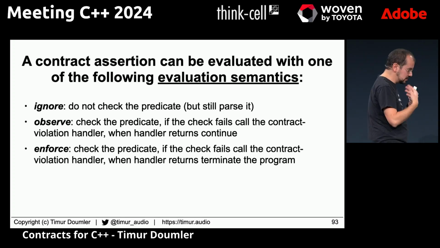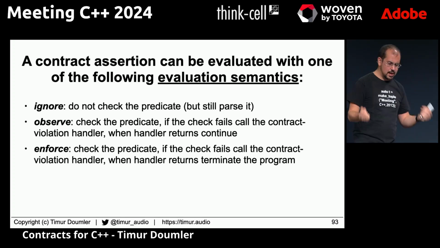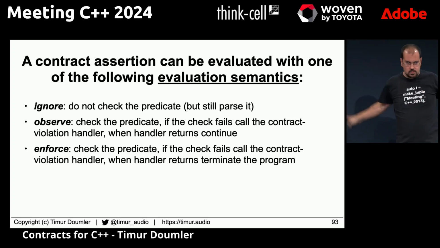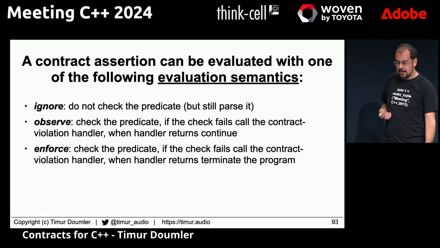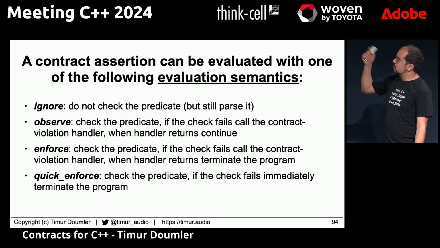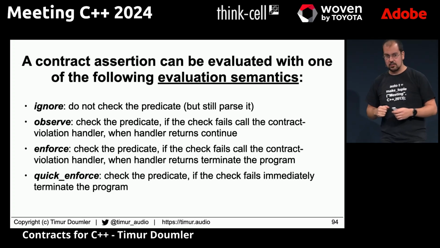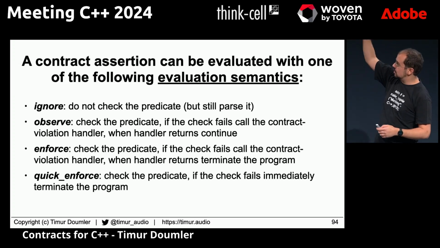So that's kind of a safety critical context perhaps, where if you know you called operator square bracket out of bounds, you just want to insert a trap instruction and just terminate as quickly as possible and not do any of the other stuff. And this is kind of the safest option, and we call this the quick enforce semantic. So this is pretty much exactly what Louis and Konstantin were talking about yesterday when they were talking about library hardening. This is exactly what this is. This is the quick enforce semantic.